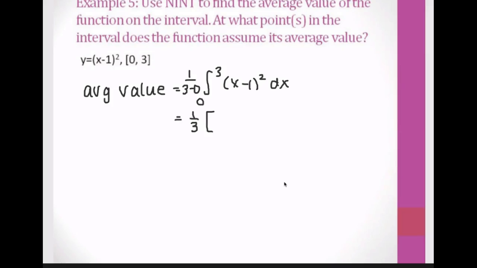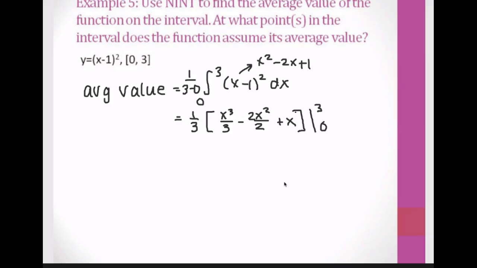Take the inverse power rule, but the only way to take the inverse power rule is to have FOILed x minus 1 squared, because we don't have a chain rule for integration yet. So that's x squared minus 2x plus 1. So the power rule gives me x cubed over 3 minus 2x squared over 2 plus x. Now no plus c because this has bounds.